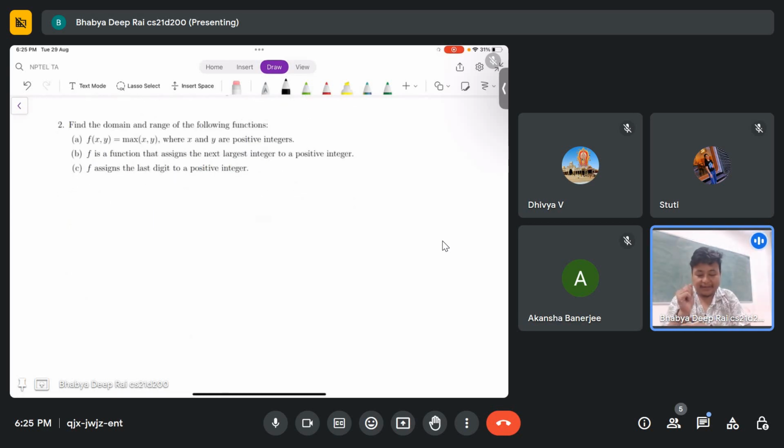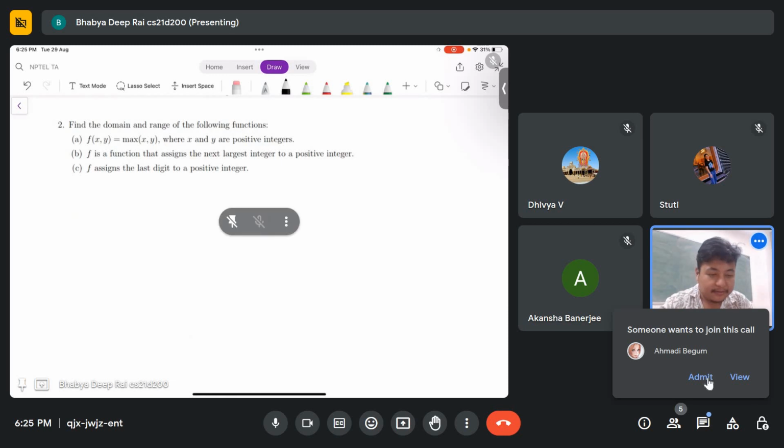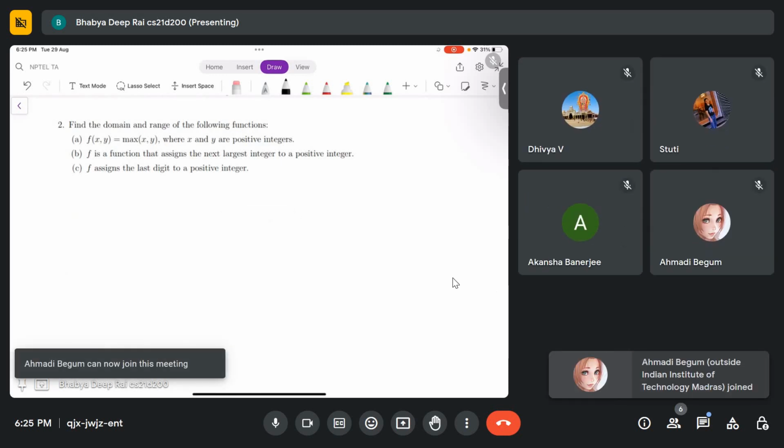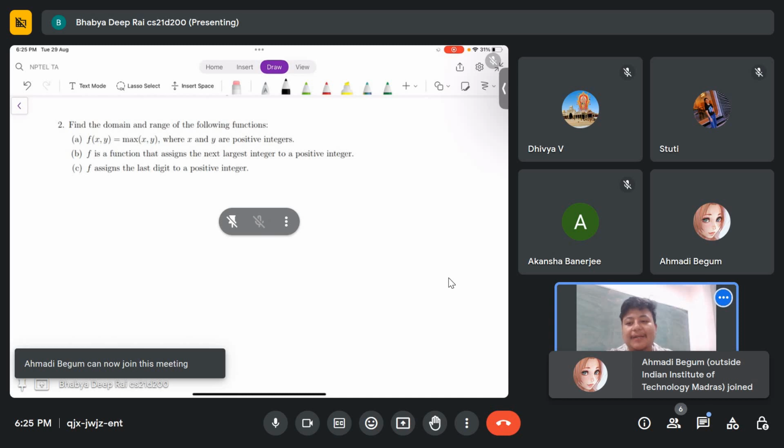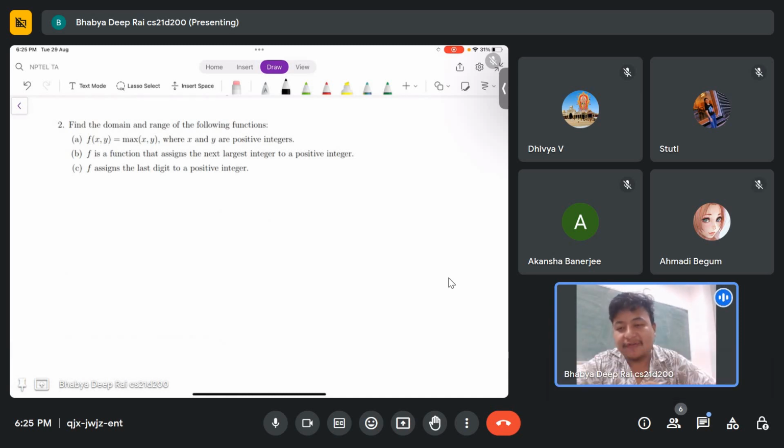So now, another simple set of questions. We are saying find the domain and range of the following function. f of x, y equals max of x, y, where x and y are positive integers. Always remember, like I said, if this is the domain and this is the codomain, range is whatever the domain can map to.